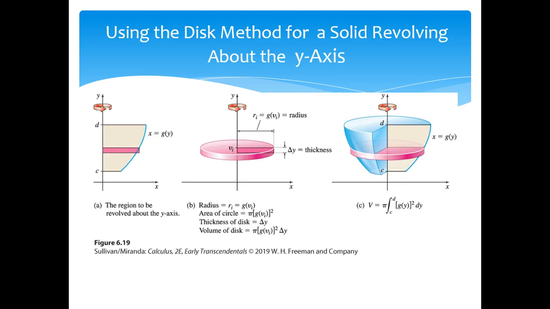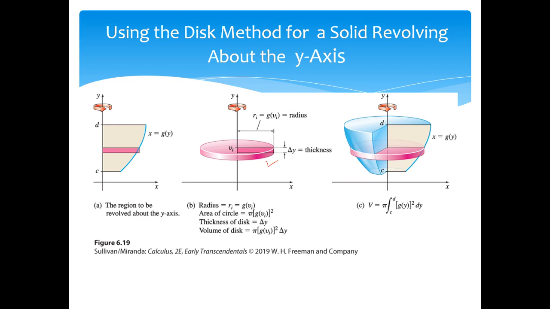Here we are going to use the disk method again for a solid that is formed by rotating a region around the y-axis. So we do the same method, but this time we're rotating the region around the y-axis. Here you see this is the disk, and this is the thickness of the disk.